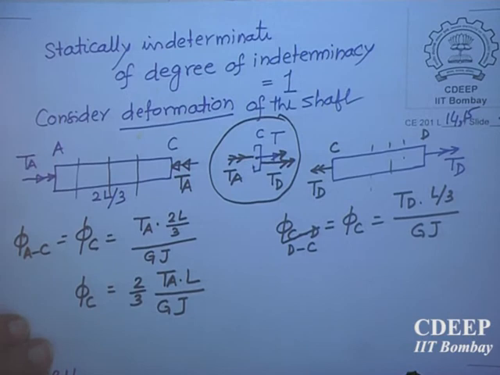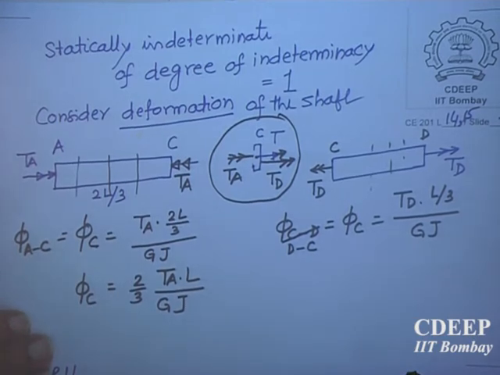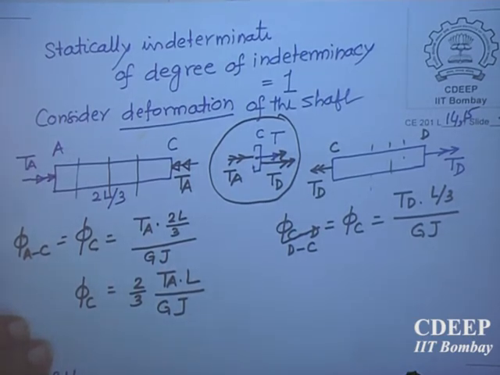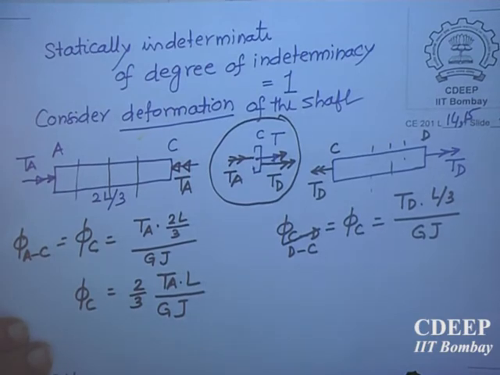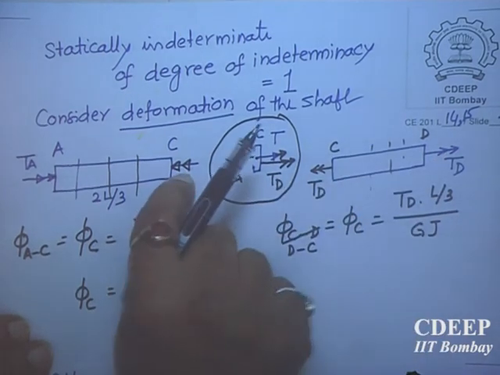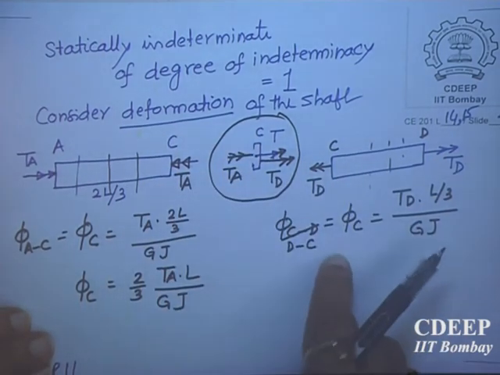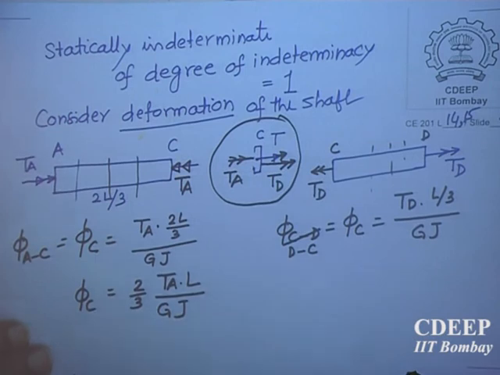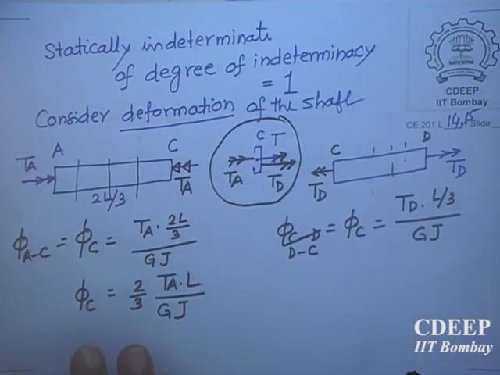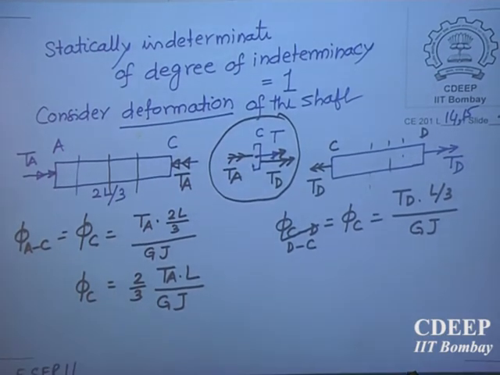D is 0, because C is rotating with respect to D. So then this rotation and this rotation must be the same. Of course, I have written the same phi C on both sides, but it is the same point which is rotating. It's the same cross section which is rotating.